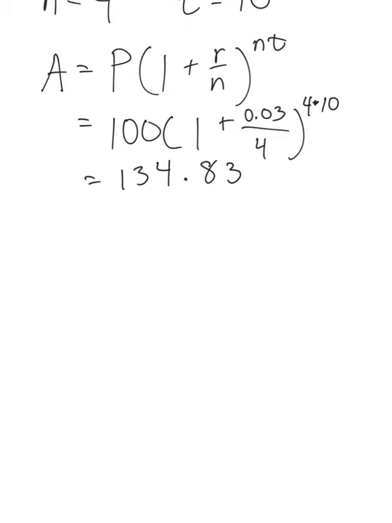I like to call all these interest equations PERT, because it's principal times e, r, and t. In this case, it is definitely a PERT. Our continuous interest is A equals P e to the rt. E stands for the exponential.